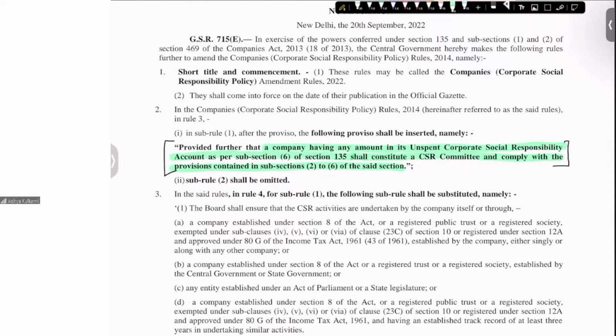You will disclose what functions you are carrying on. All of that will be done by virtue of this amendment. So any balance in unspent CSR means constitute a CSR committee. Materiality is not going to apply. This is the amendment introduced by the CSR Amendment Rules 2022, which came into force from September 2022.